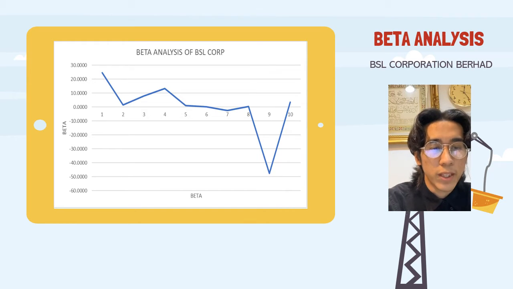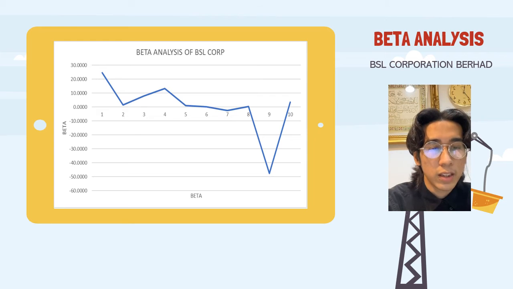This type of beta value means that the security is theoretically less volatile than the market. We can analyze that this type of beta is less risky than the same portfolio without the stock. Then, in the months of July and September, the graph shows a negative beta value.